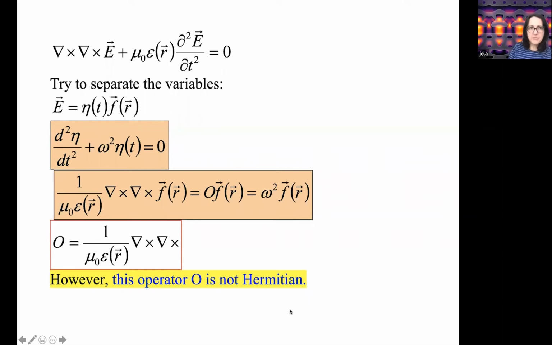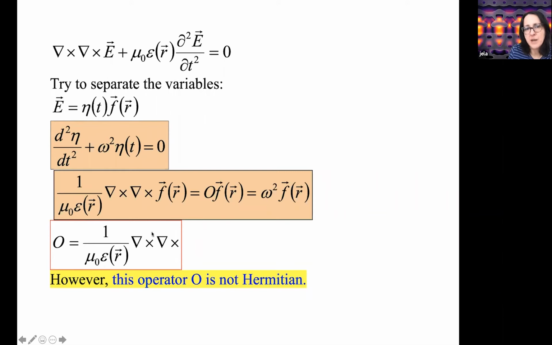You probably remember from quantum mechanics or from math that Hermitian means that when you're calculating the inner product between an arbitrary function A and the operator applied on another function B, that operator can jump from one function to the other in the inner product and the result stays the same. That's not the case here, because it's not really a symmetric operator.